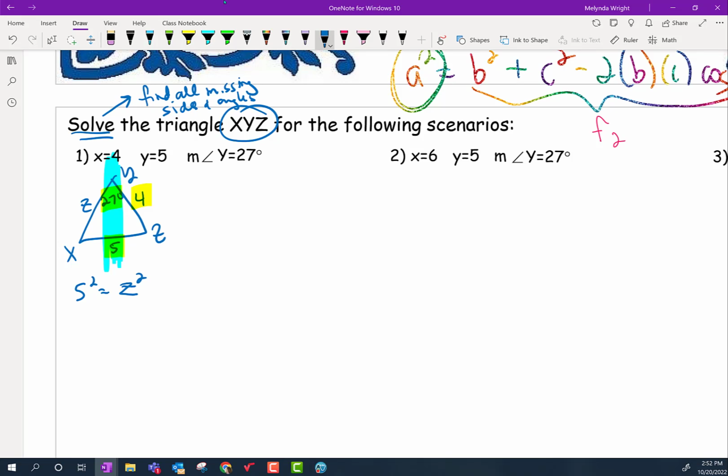In my calculator, I'm going to make it an X, because our calculator really doesn't like us using other letters. The calculator wants us to use the X. So Z squared plus 4 squared minus 2 times Z times 4, cosine of 27 degrees.